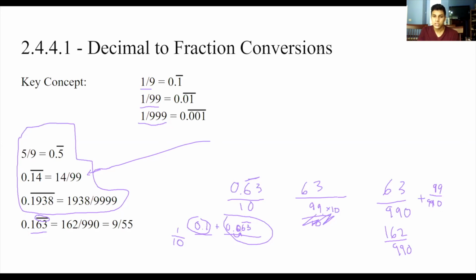And then you change the parts that are repeating, like I did here, so that you can shift the decimal point over by dividing or multiplying by 10. And then you convert that into a fraction and add back together the parts that are repeating and the parts that aren't.